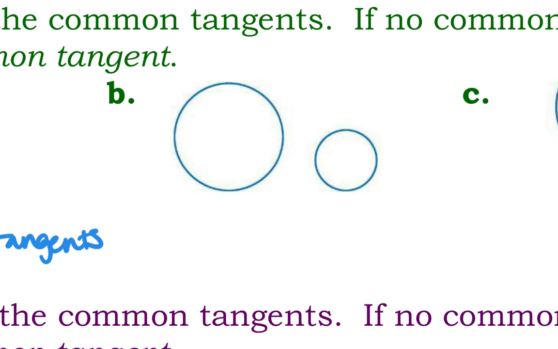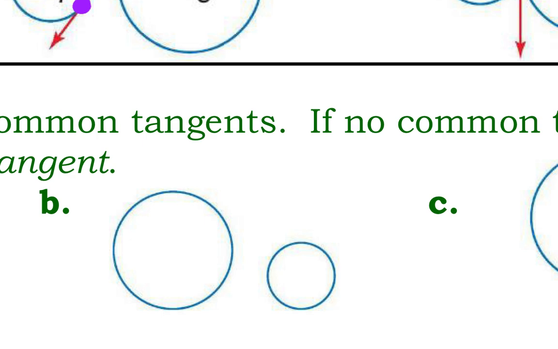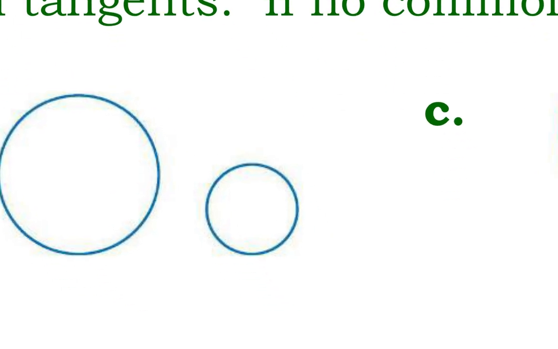Where can I draw common tangents? Through the middle, like the one up here on the left or the one on the right? The one on the left? Okay, we can do that. In the middle, like the one at the top left. So there's one common tangent. Where else can I draw it? The other way?